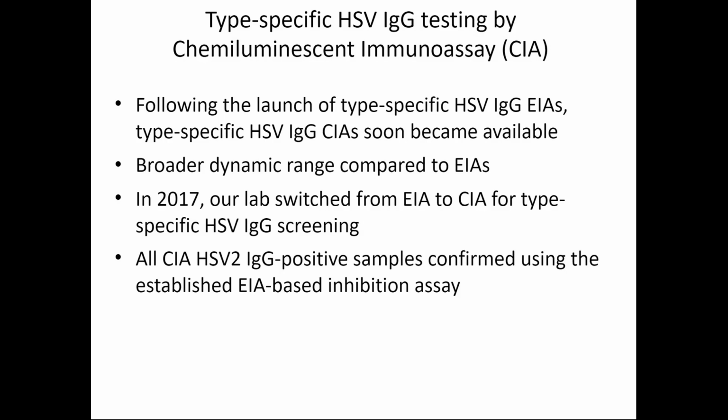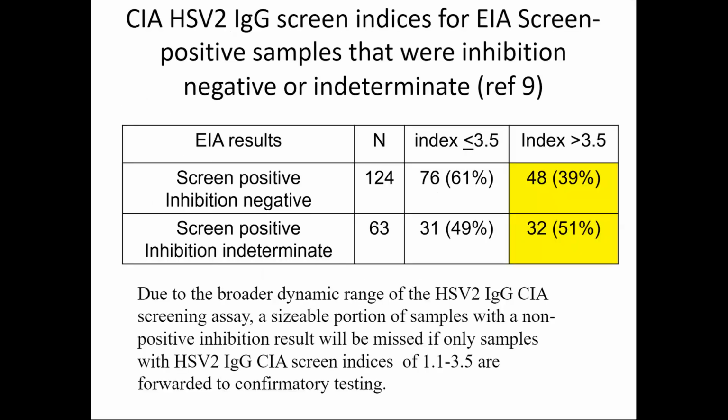And again, at that point in time, the option was available to have CIA HSV-2 IgG positive samples confirmed using our EIA-based inhibition assay. One of the first things we wanted to look at was what effect the broader dynamic range may have on index values.